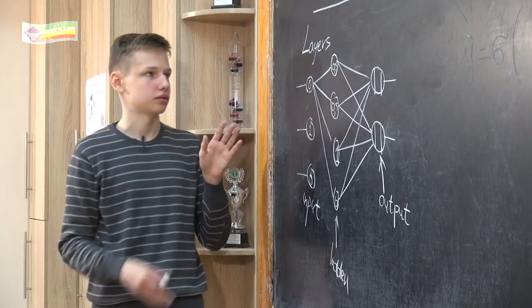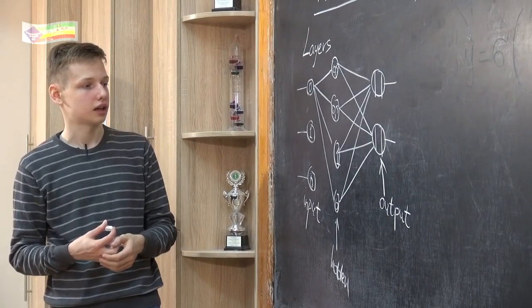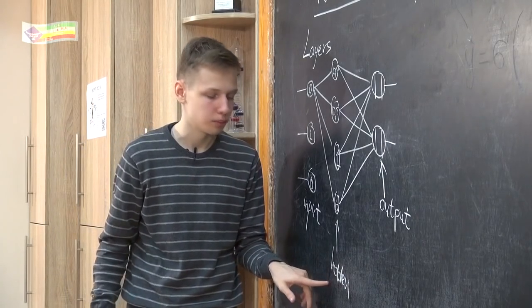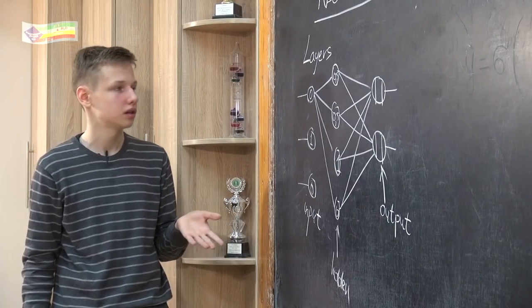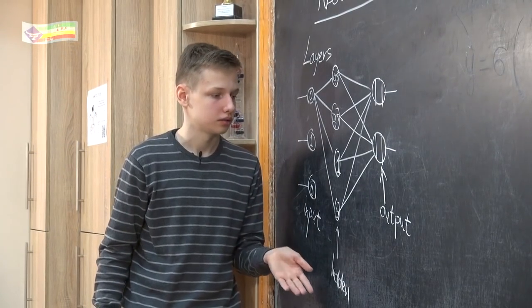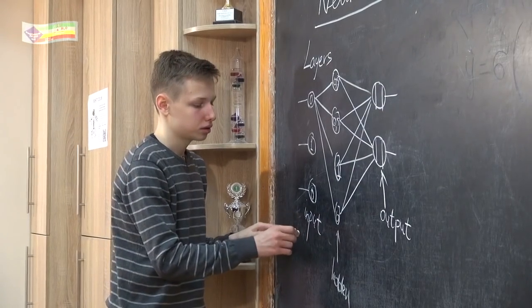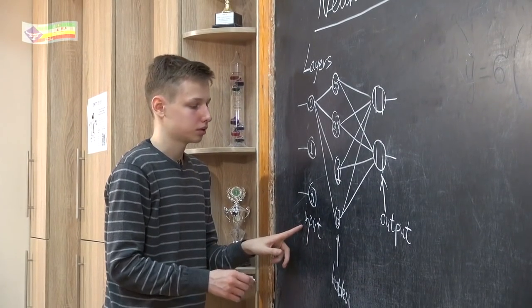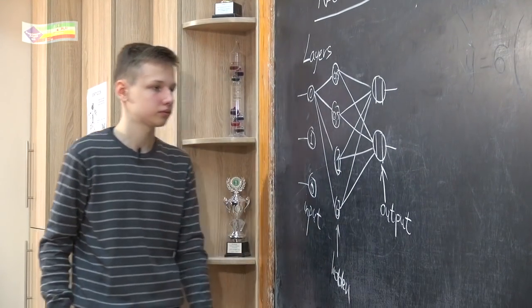And this architecture defines the neural network in some sense, and there can be more than one hidden layer, or there can be only 0 hidden layers. But usually such a neural network has only one input and one output layer.